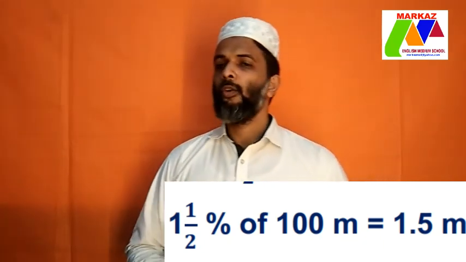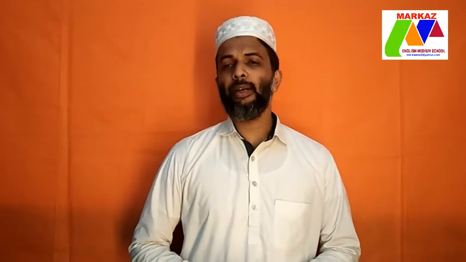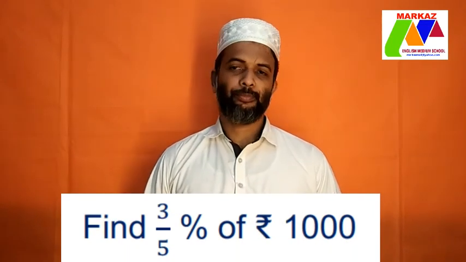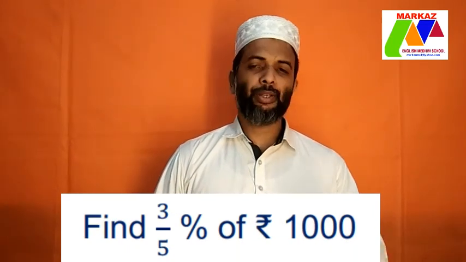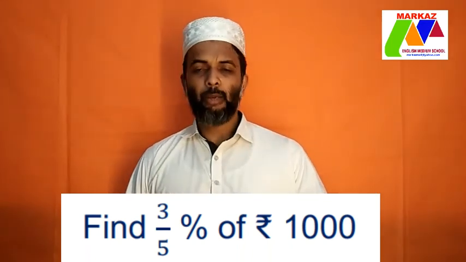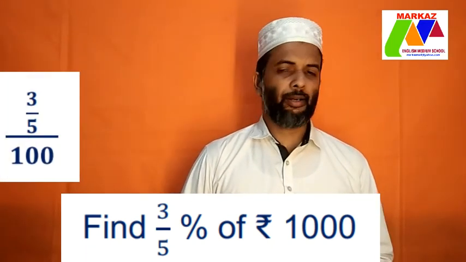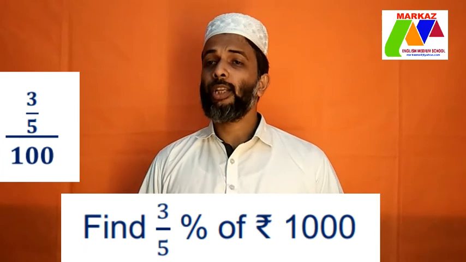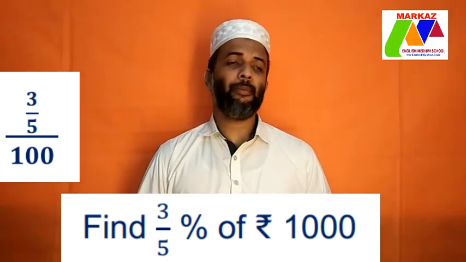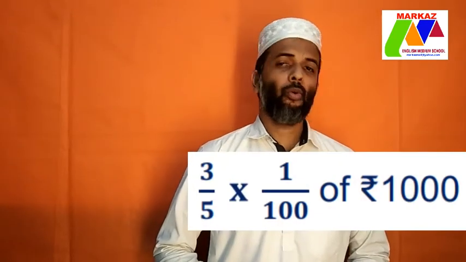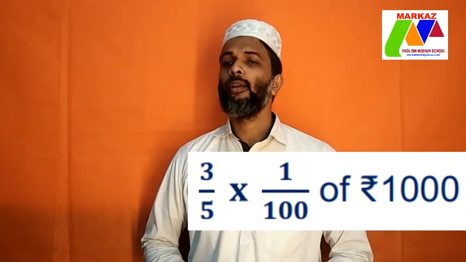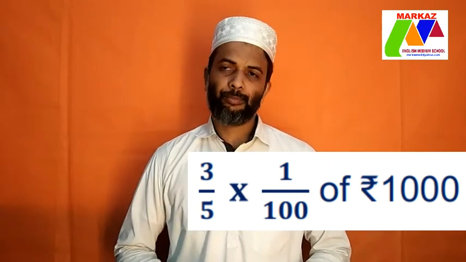Next question. Find 3 by 5% of 1000 rupees. Find your answer step by step. First step, 3 by 5 by 100. Then write as per reciprocal to divide the fraction: 3 by 5 into 1 by 100 of 1000 rupees.